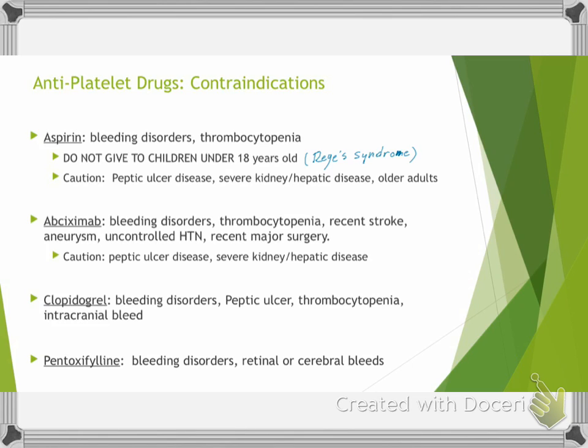With abciximab, we want to monitor for bleeding disorders, thrombocytopenia, recent strokes, aneurysm, uncontrolled hypertension, any recent major surgery. Caution in use with peptic ulcer disease, severe kidney or hepatic disease.